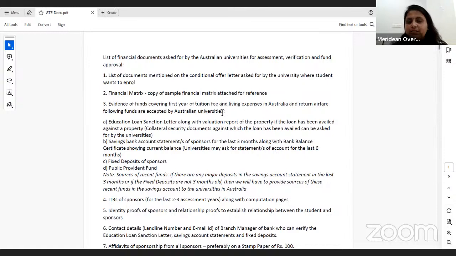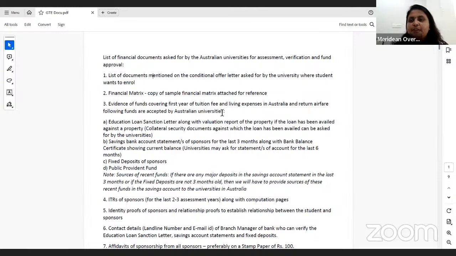In case of an education loan, we are looking for the education loan sanction letter along with the valuation report of the property. If you are taking a loan of a higher amount, your banks are looking for collateral. Whatever collateral you have kept with the bank, we are looking for the evaluation report of that particular property.